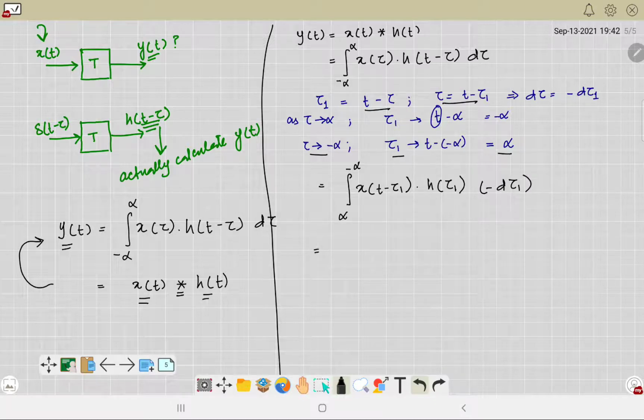So I will do a little rearranging, taking the minus outside, so it will be infinity to minus infinity x of t minus tau 1 h of tau 1 d tau 1.